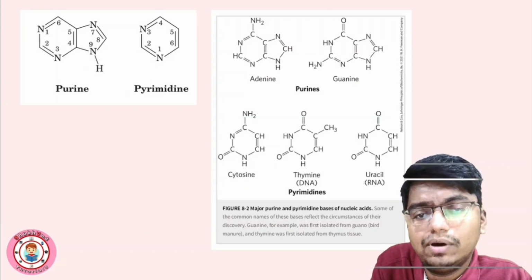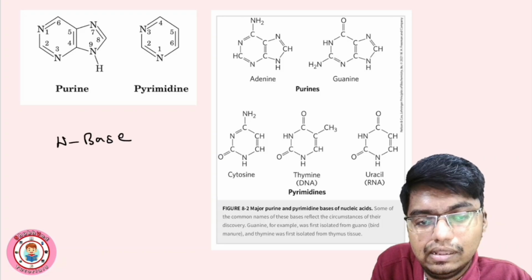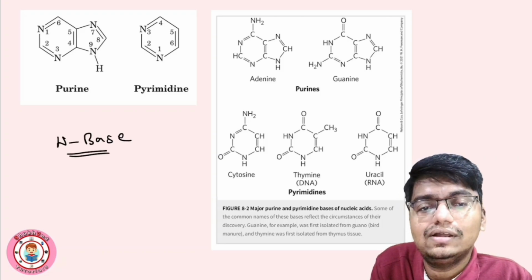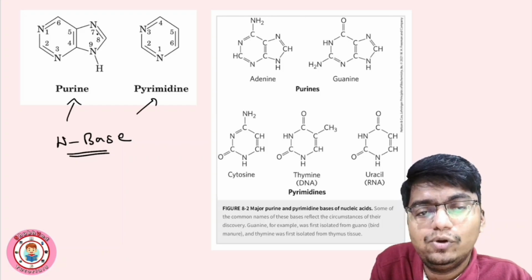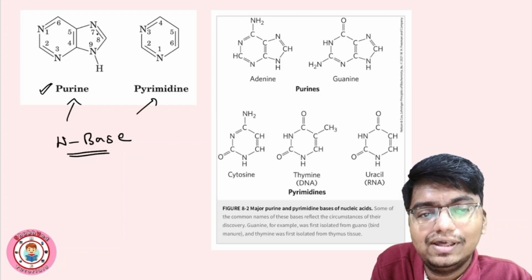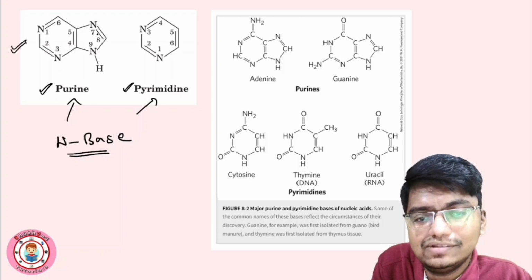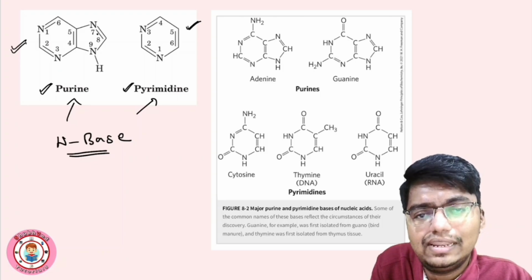Now talking about nitrogenous base. Nitrogenous base compounds are of 2 types, purine and pyrimidine. Right? Purine has a short name but a big ring structure, and pyrimidine has a slightly bigger name but a single ring structure. Like this you can remember.